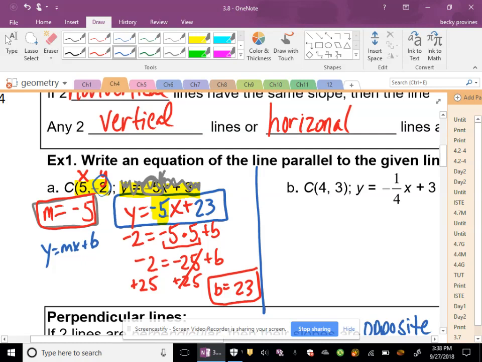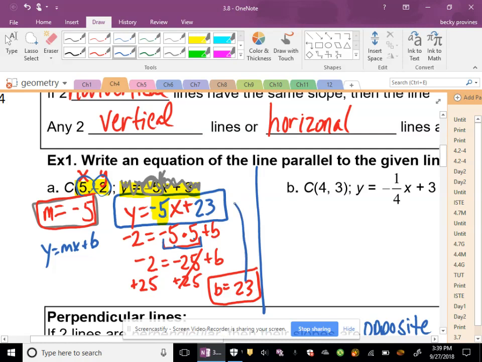I already know my slope is -5. My x value, looking back at the top, is 5. Then I'm solving for b, so it's plus b. I multiply: -5 times 5 is -25. I move it to the other side and add it, so -2 plus 25 is 23.